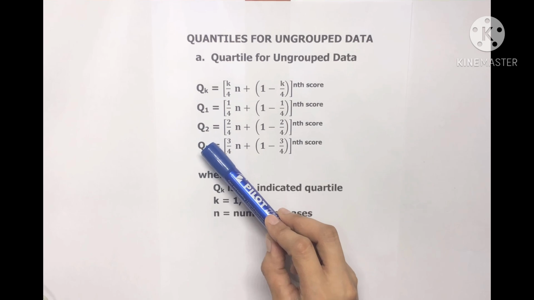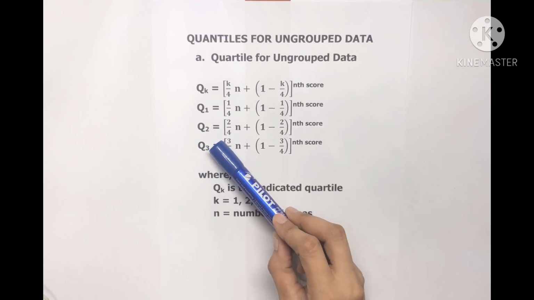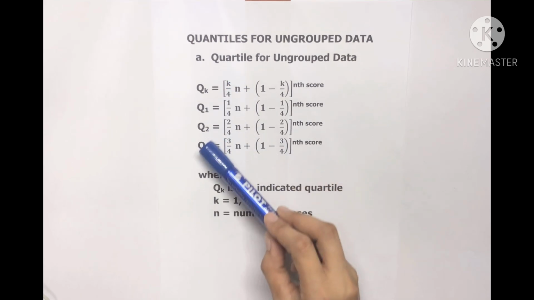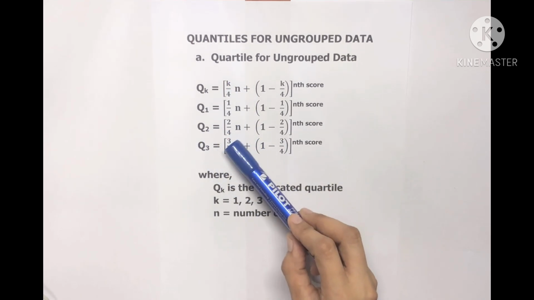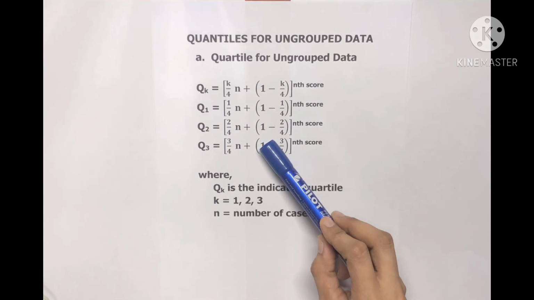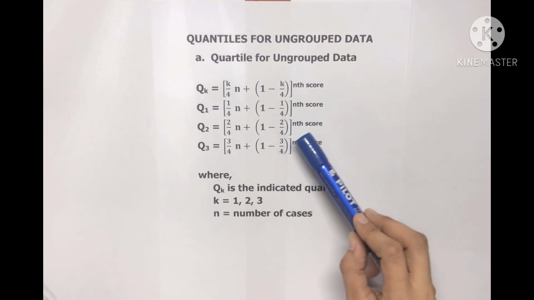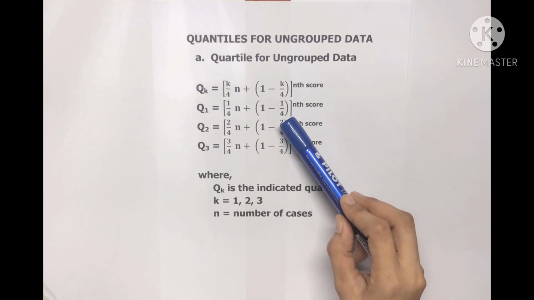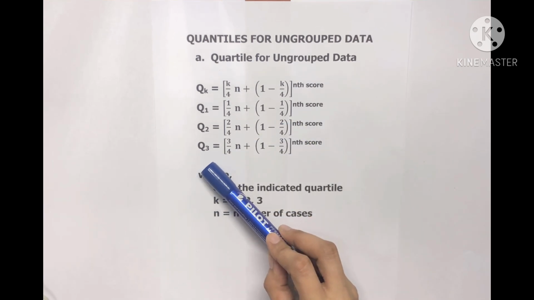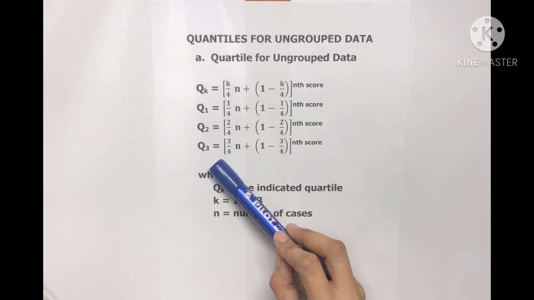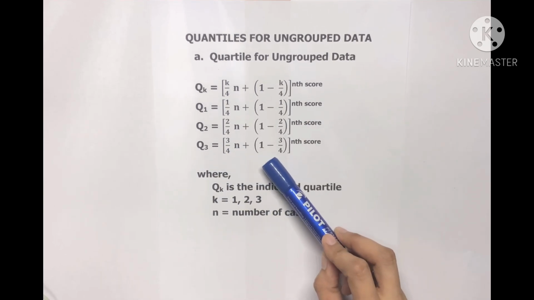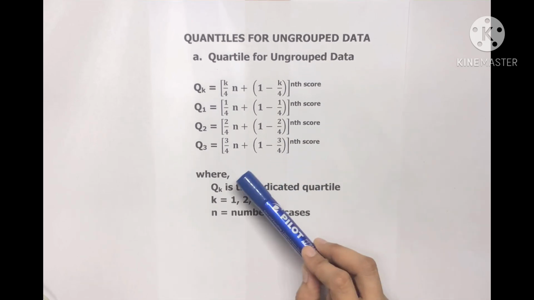For Q sub 2, it is equal to 2/4 times n plus 1, because our k here is 2. So 2/4 times n plus 1, nth score. Again, your k here is 2. So for Q sub 3 or third quartile, we have 3/4 times n plus 1, nth score.